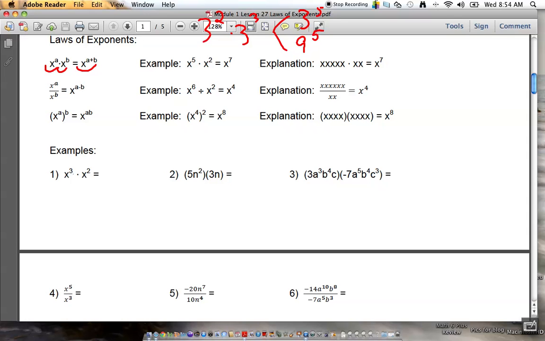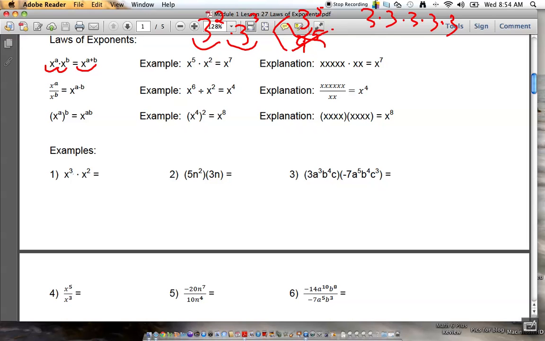The base stays the same all the way through, but sometimes kids think it's 9. It's not 9. Base stays the same. Just like the x stays the same all the way through, the 3 stays the same all the way through, okay? Because it would be like 3 times 3 is 3 squared, and then 3 times 3 is 3 to the third, and altogether I do not have 9 to the fifth. What do I have? 3 to the fifth, okay?